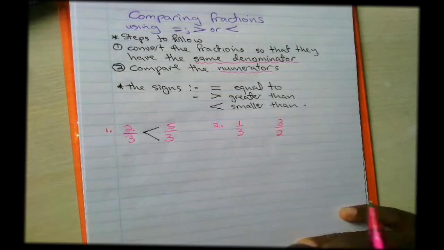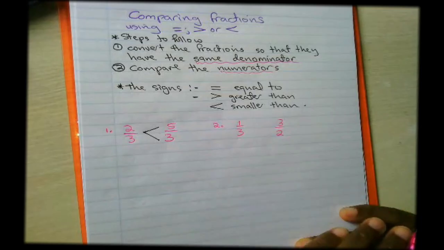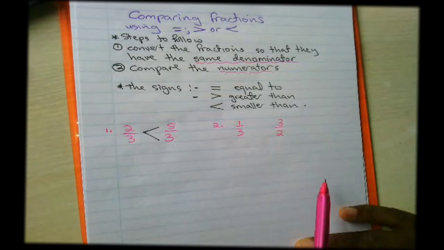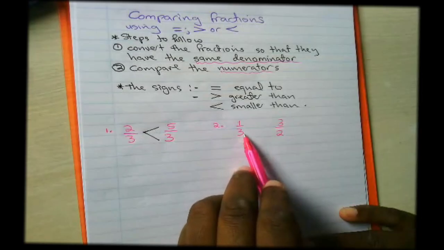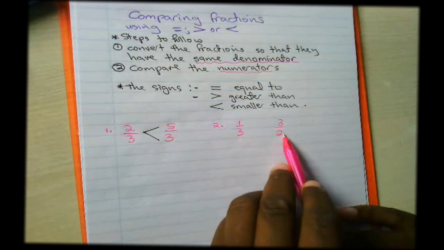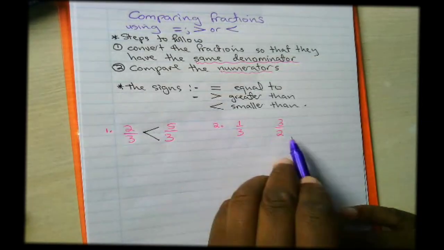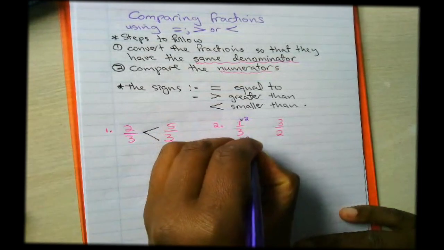We can get it if we think about the lowest common multiple of 3 and 2. That is the number that can be divided by 3 and by 2 without leaving a remainder. What number is that? That number is 6, right? So to get a 6, we multiply this by 2, and this we multiply by 3.